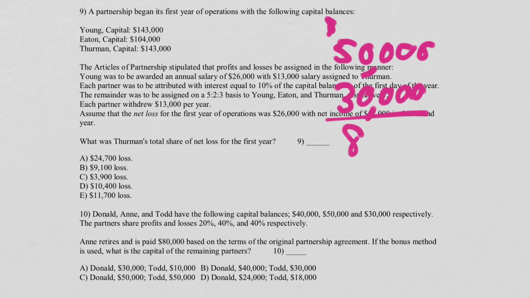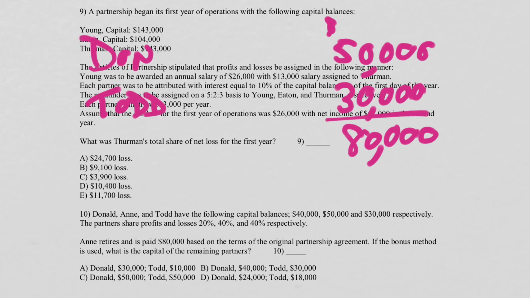Where's she going to get it? She's going to get it from the other two partners, Donald and Todd. So they have to give it to her, and they'll give it in their relative ratios to each other to give her 30. Their relative ratios are 20 and 40.